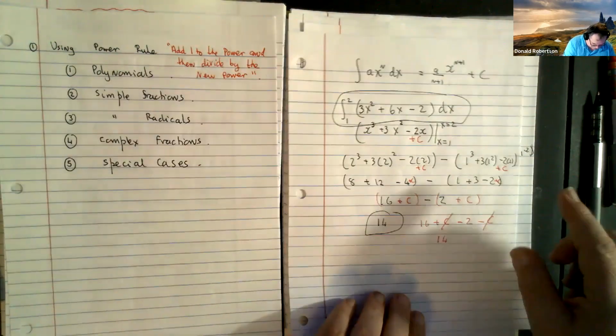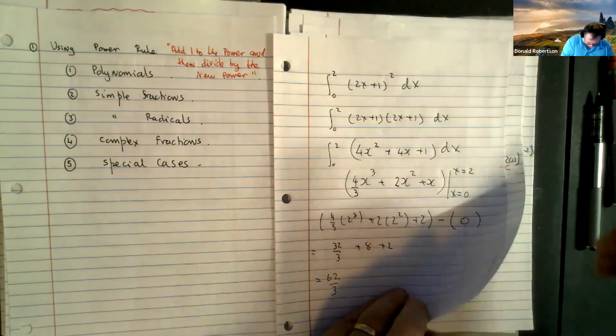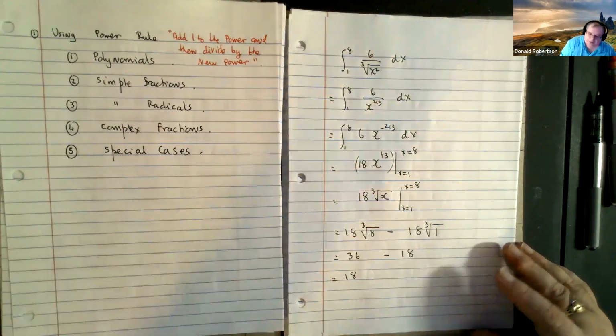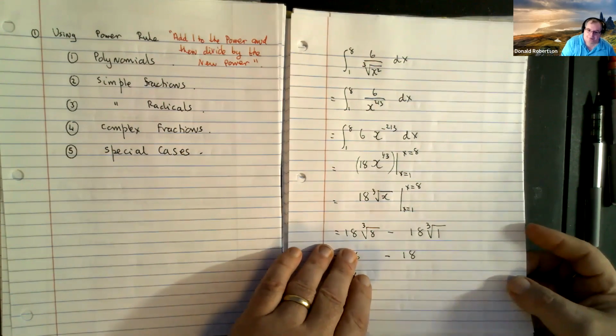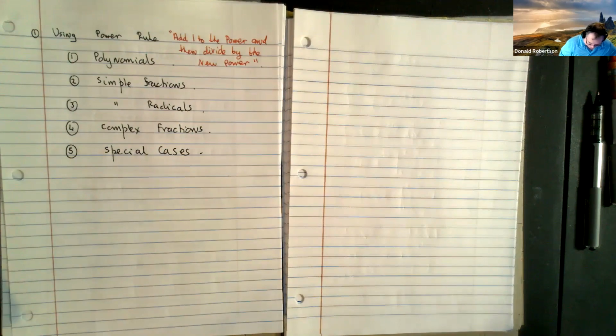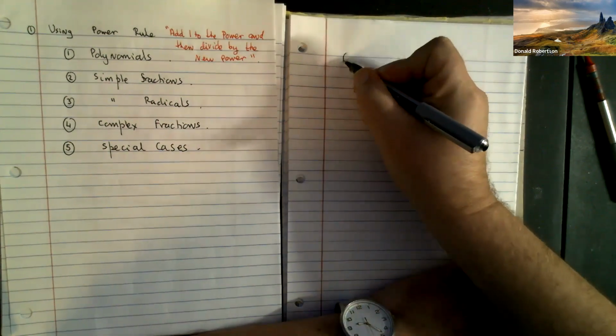We have done polynomials. We've done things squared. All of those eventually became the power rule. Let's take it one stage further.